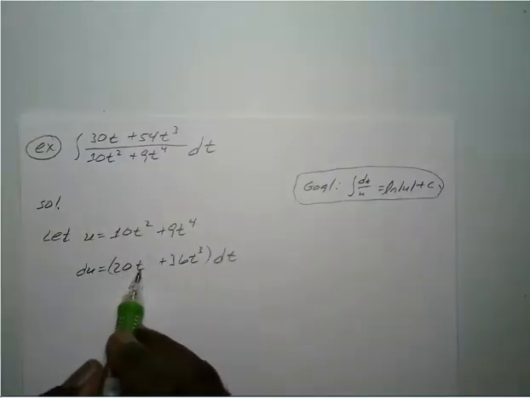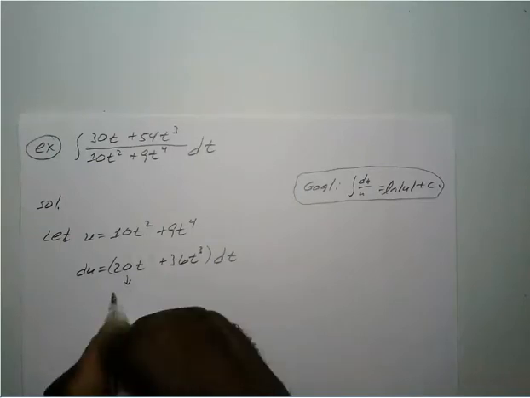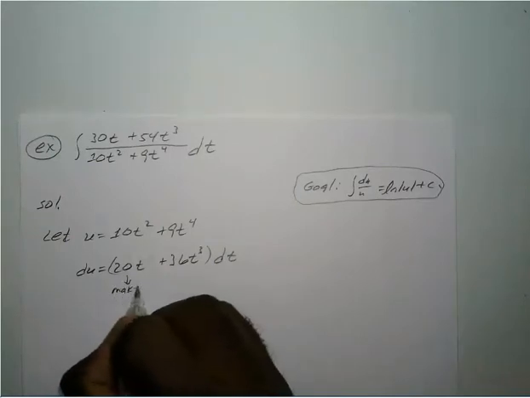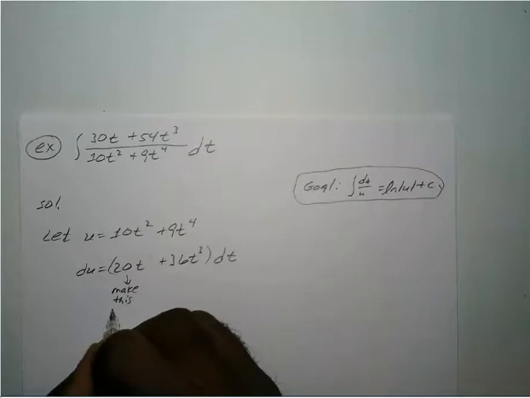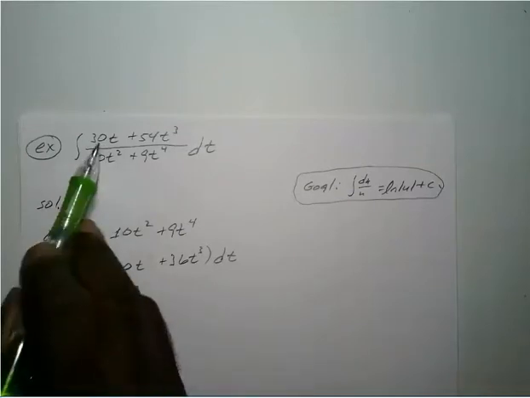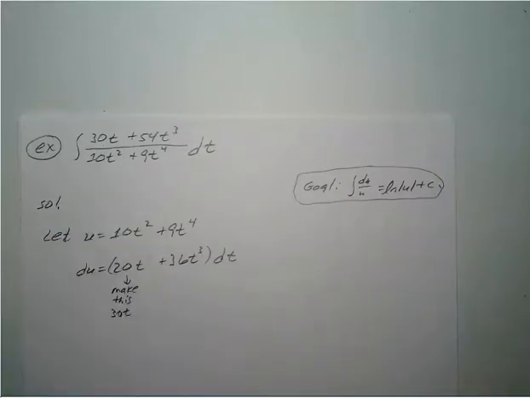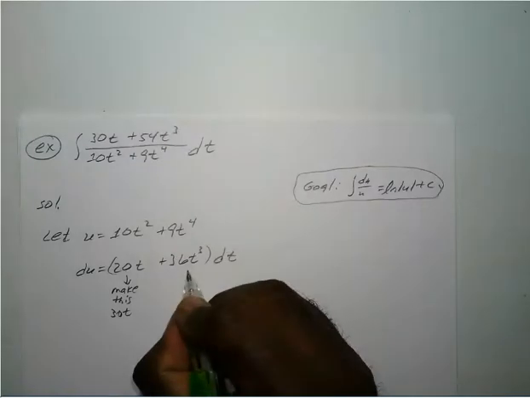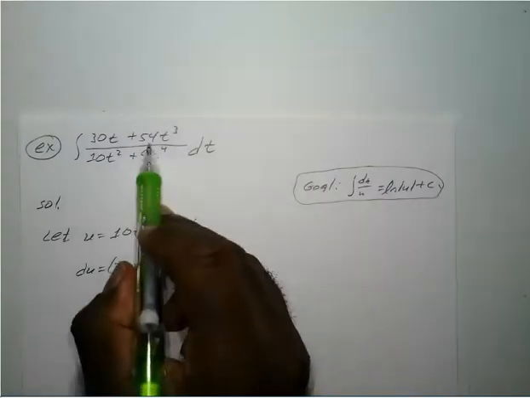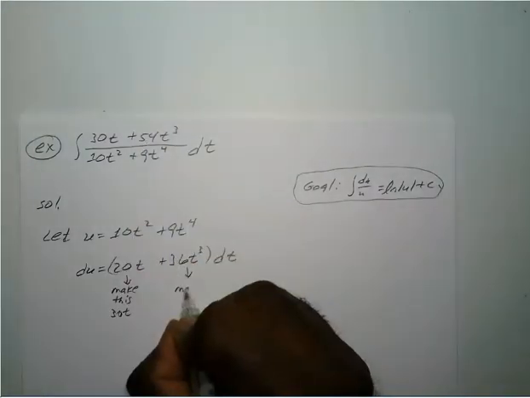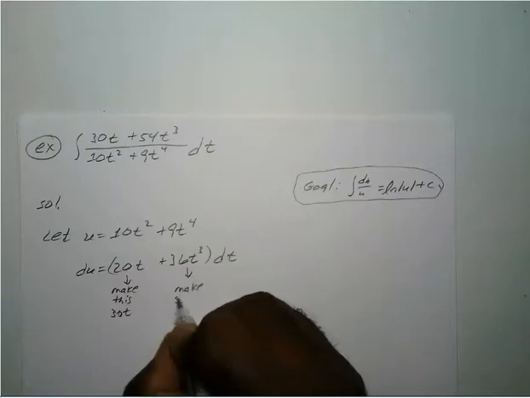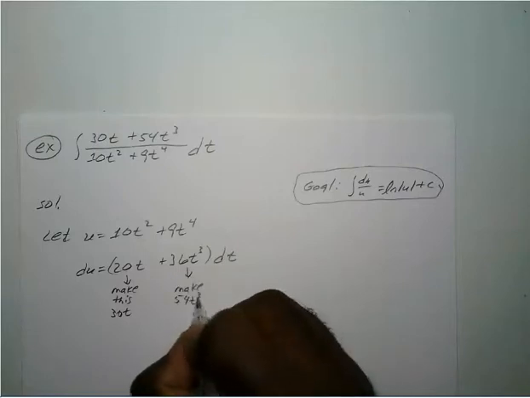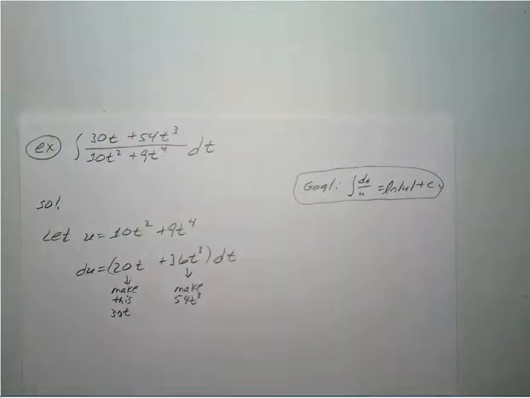For our 20t, we want to make this 30t, so it'll match that. And this term, we want to make this 54t to the third, so it matches that. All right, so how do we do that?